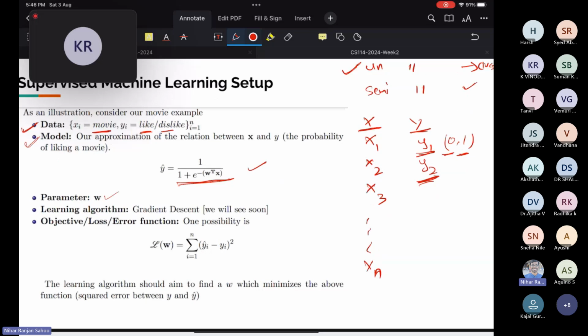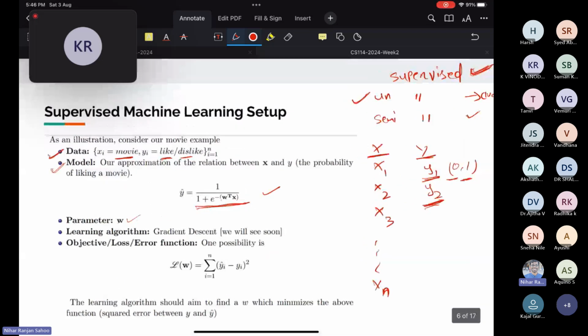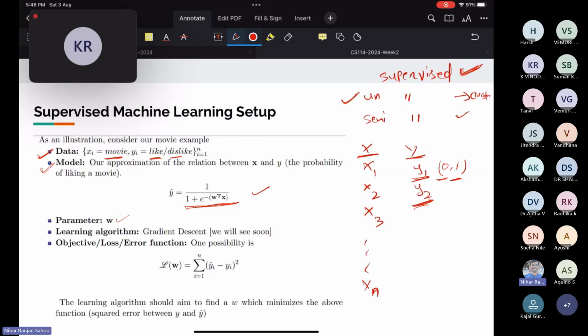Now we designed the W's, like how many W's there will be and what the function is. Now how will we update the W's? When we start the learning, we start with some initial random W values, as I discussed through multiple plots last time. So we don't know the optimal W. For that we have to follow an algorithm called a learning algorithm, which will start with gradient descent this time.